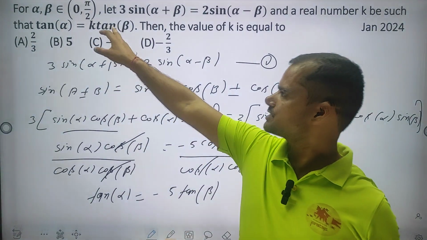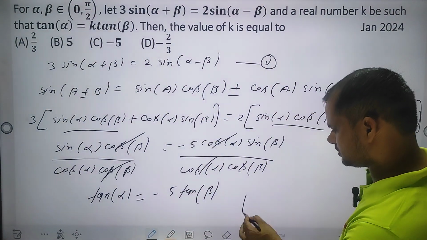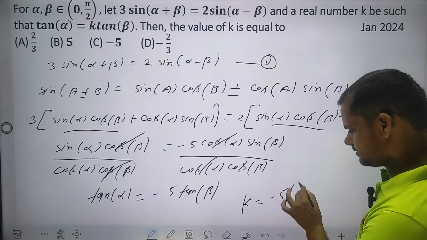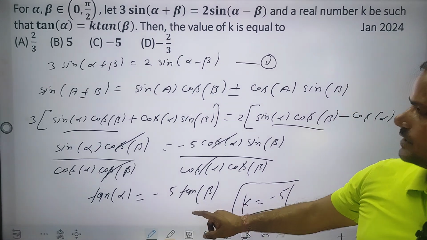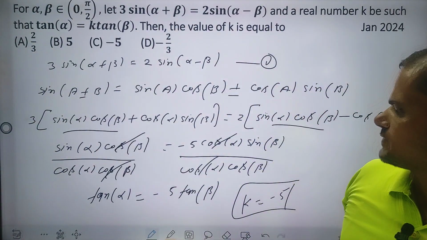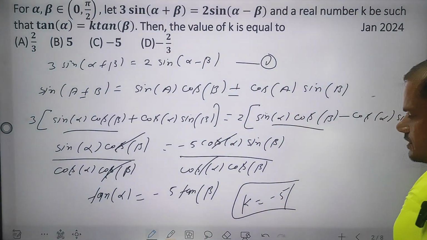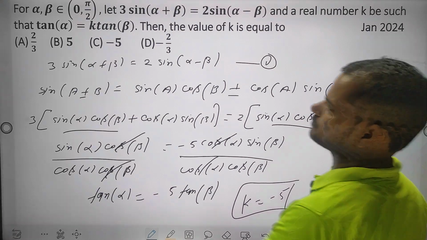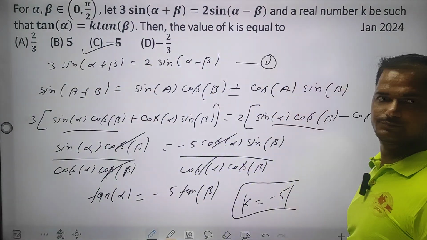If we compare this equation with tan alpha equals k into tan beta, then we get the value of k equal to minus 5, and the option C is correct.